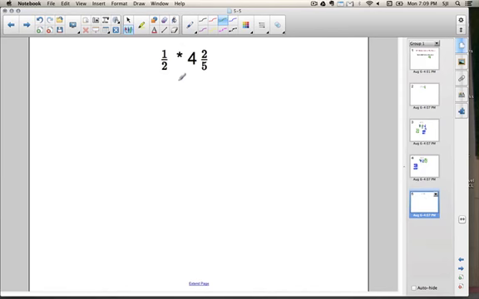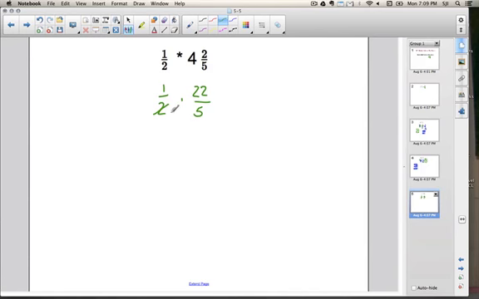Last one. I'm going to make sure that I change this mixed number into an improper fraction. So I'm going to multiply the denominator times the whole number. So 5 times 4 is 20. And I'm going to add the numerator. So that's 22/5 times 1/2. Going to look diagonally to see if they have anything in common. 5 and 1 don't have anything in common, but 2 and 22 do.